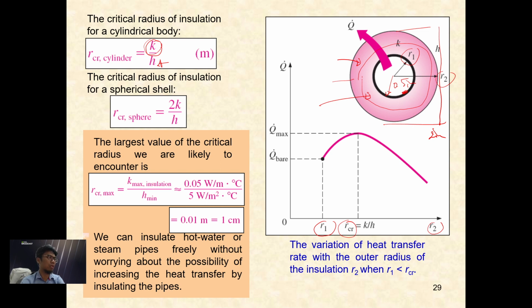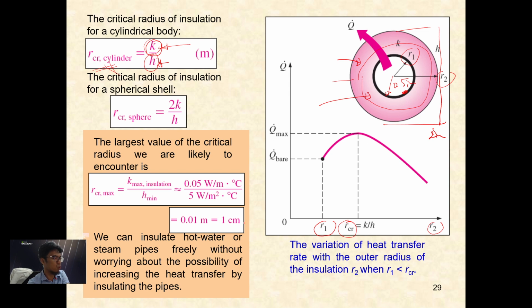You know the thermal conductivity of the insulator, then you check the properties table for the convection coefficient of your environment, its h. So you divide, and you get the R critical for your insulator. So you can apply it there. For example here, K of the insulator is 0.05 watt per meter degree Celsius divided by h minimum.